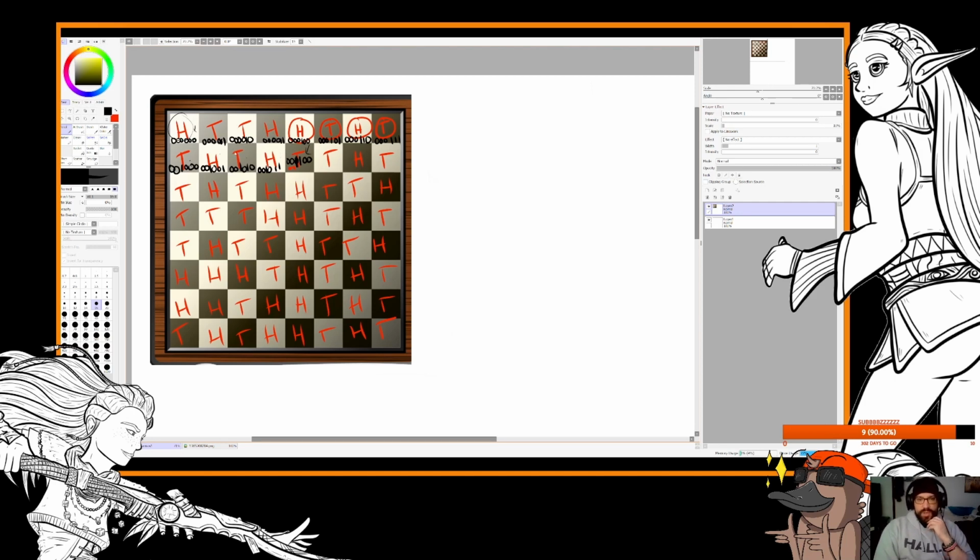So basically, we want to find the value of the board bit by bit again. Is it a 0 or a 1 that goes here? Is it a 0 or 1 that goes here?